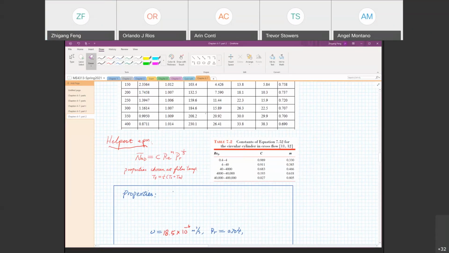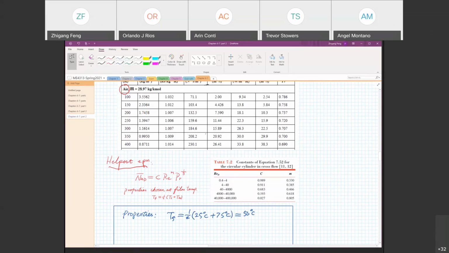So the film temperature in this case is one half of the sum of the surface temperature and the flow temperature. The surface temperature is 75 and the flow temperature is 25, so take an average, that's 50 Celsius. But if you look at the table, it's based on the temperature in Kelvin.